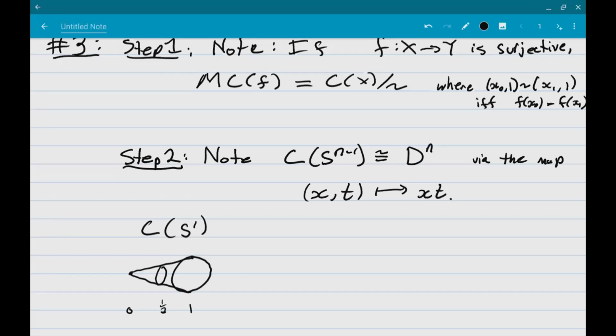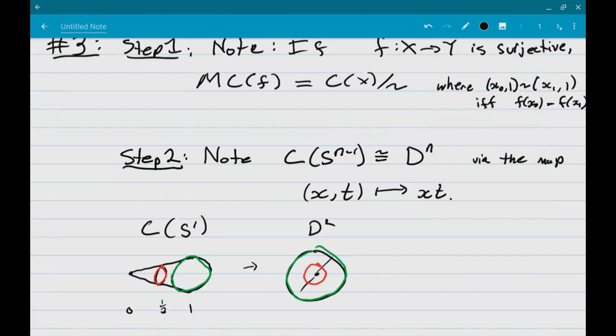But if I redraw this so that the cone point is in the center, then this is exactly a disk. Here's S1, and here's S1, but the cone adds basically a smaller copy at every point, so you just get the closed disk D2.